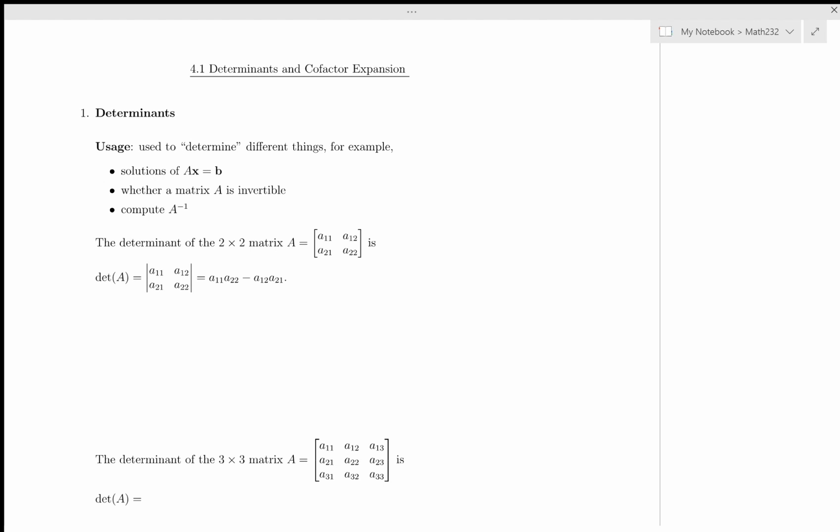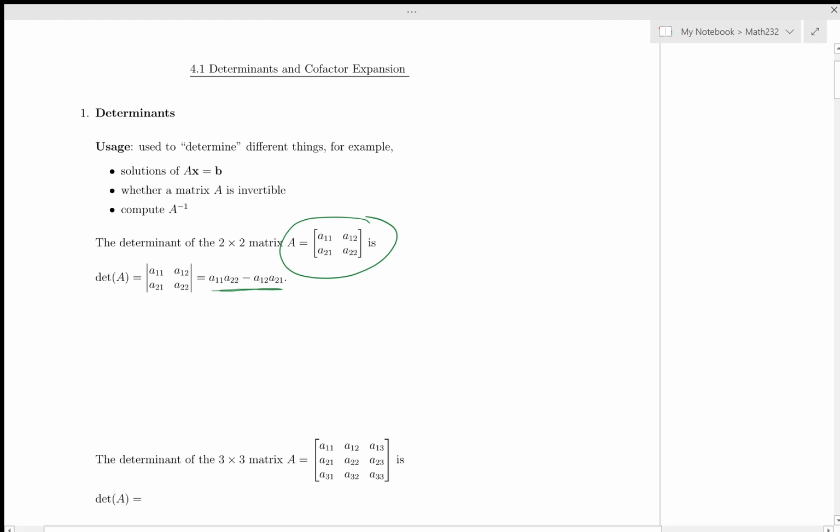So let's just recall that we have a 2 by 2 matrix like this. We're going to define the determinant to be this number right here: A11 times A22 minus A12 times A21.